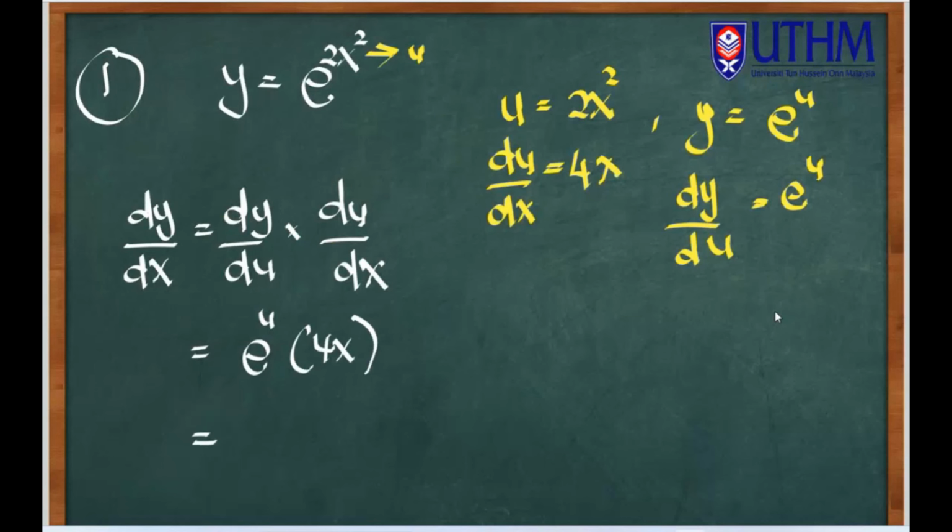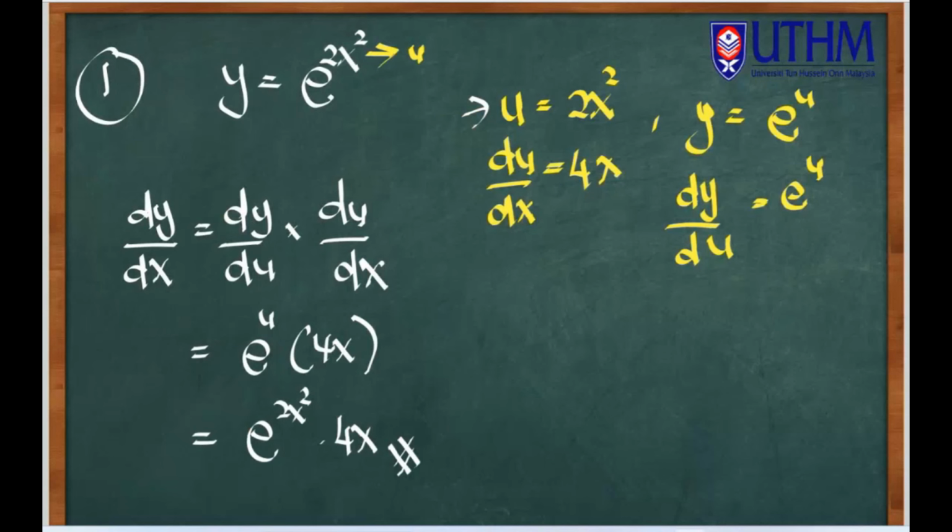Now we substitute back our u with 2x squared, so the answer will be exponent 2x squared times 4x. So this is the answer.